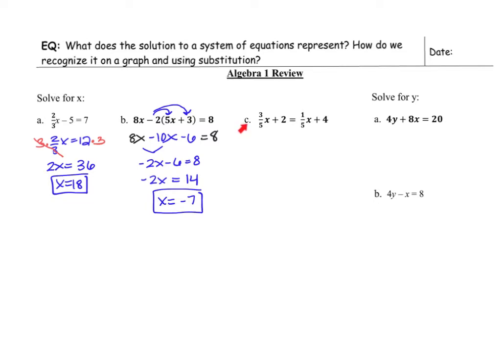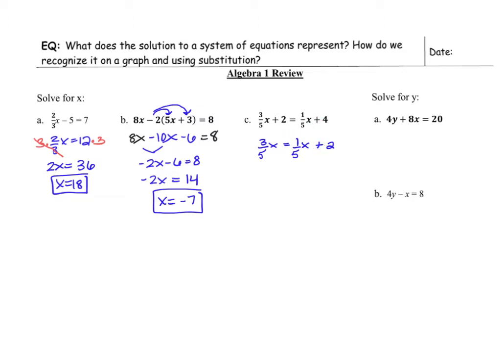Letter C looks a little bit scary because we have some fractions, so let's first do some simplifying. Let's get this 2 on the other side with the other constant. So we would have 3/5 x is equal to 1/5 x plus 2. And this 2 came from subtracting the 2, and then 4 minus 2 is 2.